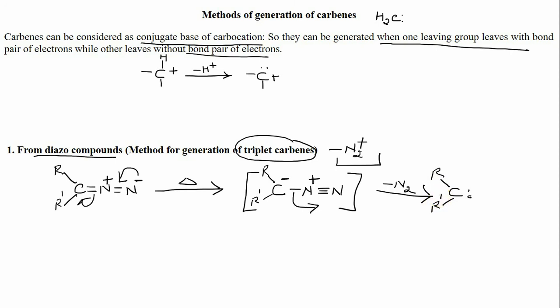Now this is a very important reaction, and it is involved in several reactions, for example, in the Wolff rearrangement reaction. In Wolff rearrangement reactions, there is a formation of carbenes via rearrangement from diazo compounds. So let us see what the Wolff rearrangement reaction is.